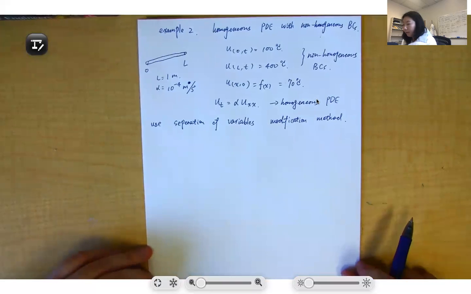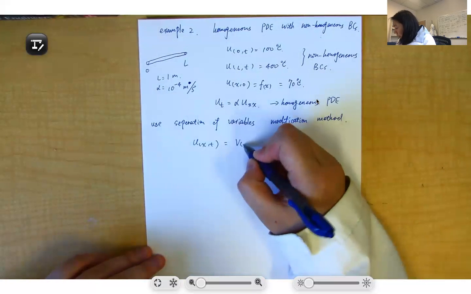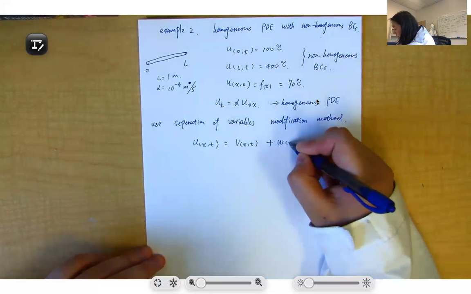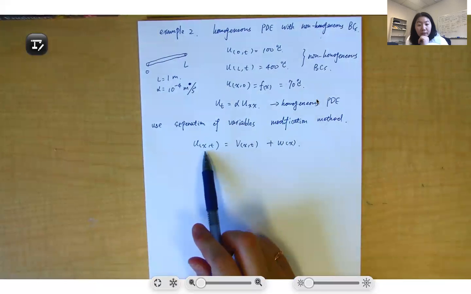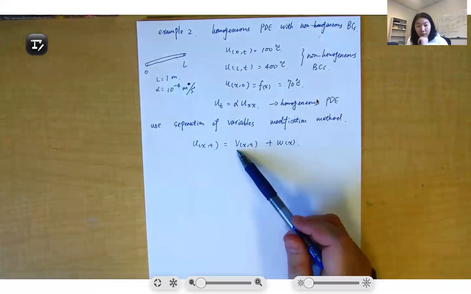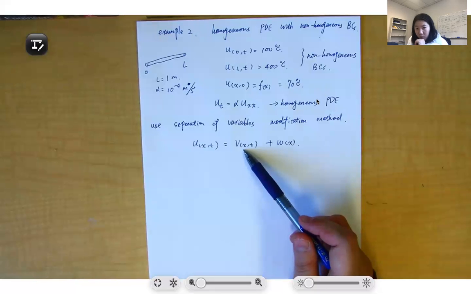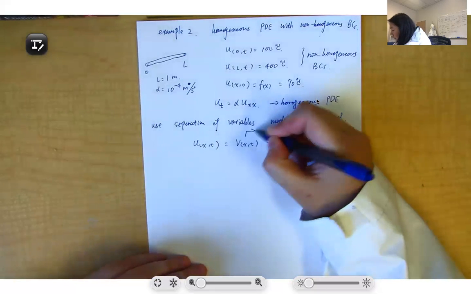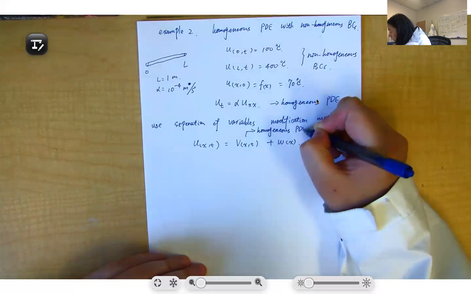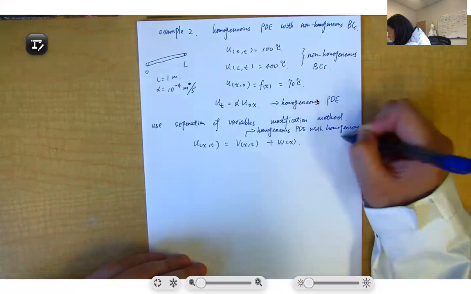Here we derive. So U(x,t) will be equal to V(x,t) plus W(x). Okay, so U(x,t) is the temperature of the rod as a function of space and time, equal to some function V(x,t), where this V(x,t) is a homogeneous PDE with homogeneous boundary conditions.